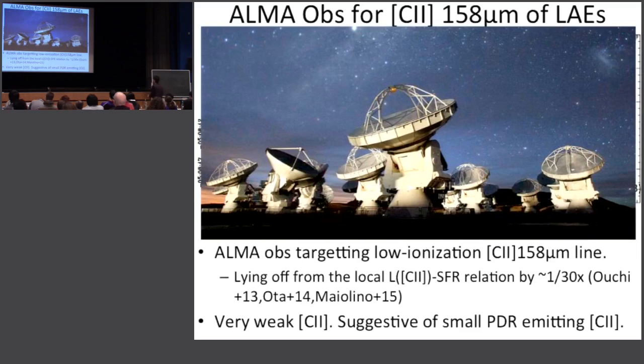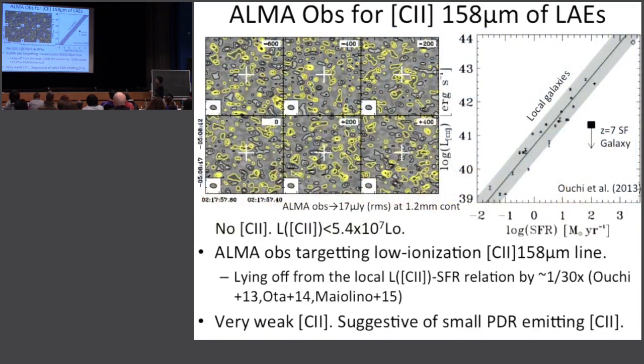So three observation results have been shown, with deep ALMA observations reaching about 0.02 millijansky in RMS. But these three results show that there's no detection of carbon-2.